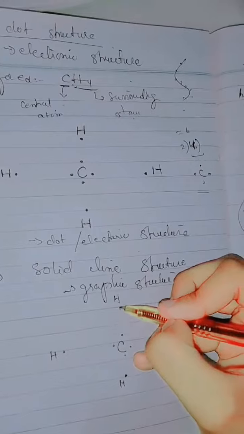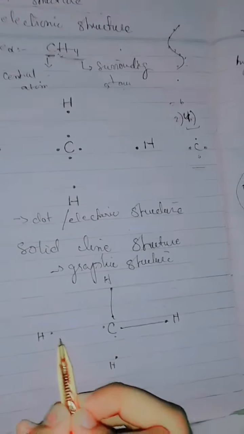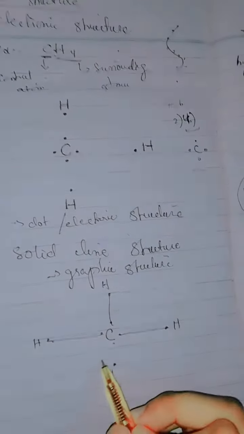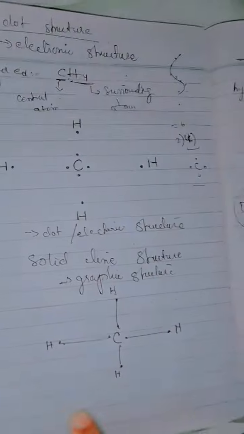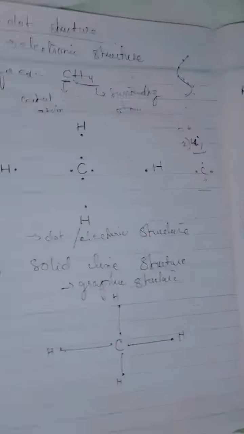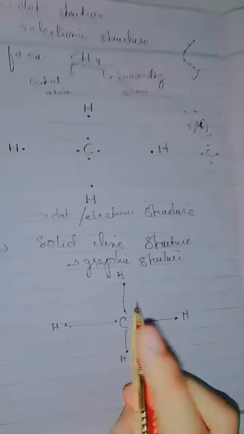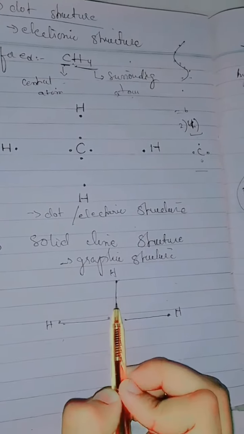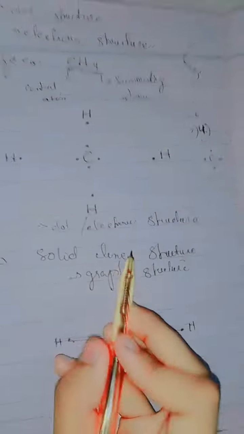Now they will make bonds: hydrogen with carbon, hydrogen with carbon, hydrogen with carbon, and here hydrogen with carbon. Now they have made a solid line structure. As they make bonds, that structure is known as the solid line structure.